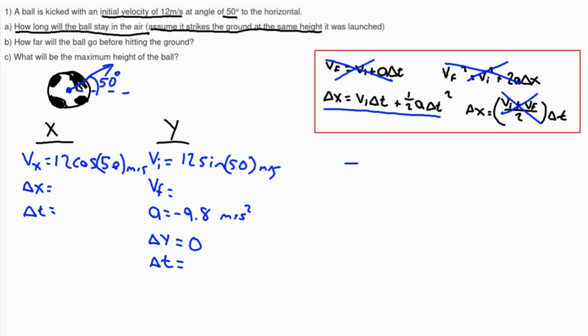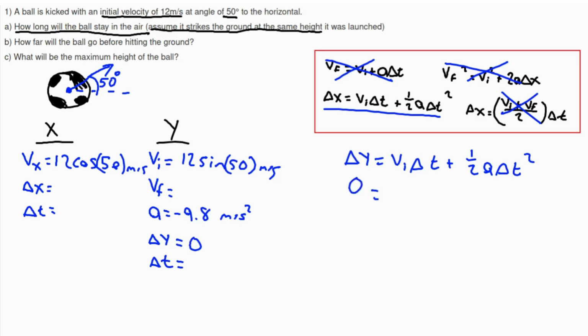We have delta x, or in this case, we're dealing with y, so we'll use y instead of x, equals vi delta t plus 1/2 a delta t squared. So then now, what I like to do is go ahead and plug everything in. So delta y, we're going to plug in a 0.